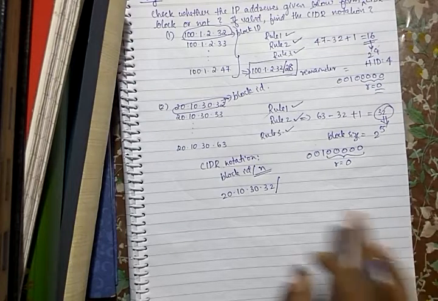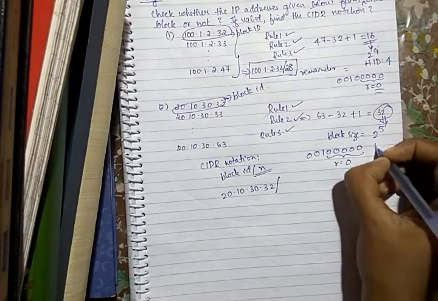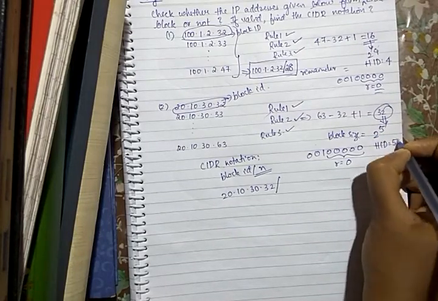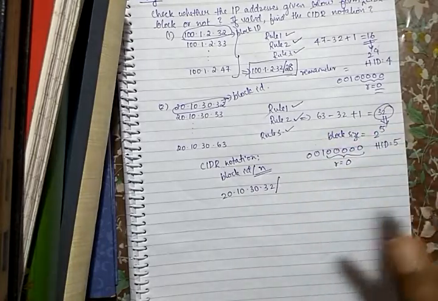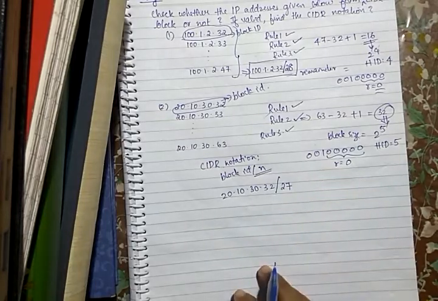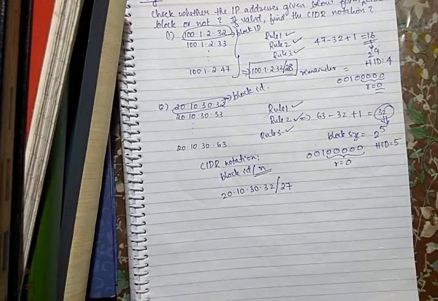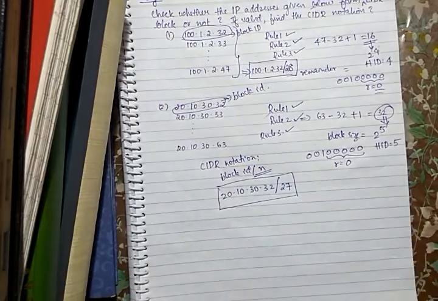Within a block we have 2 raised to 5 hosts, so to identify each host, I need 5 bits. So host ID is 5 bits. Now out of 32, 32 minus 5, there are 27 bits that will be identifying that block from the whole set. Okay, so this is our CIDR notation.